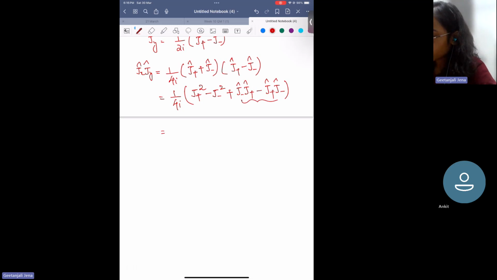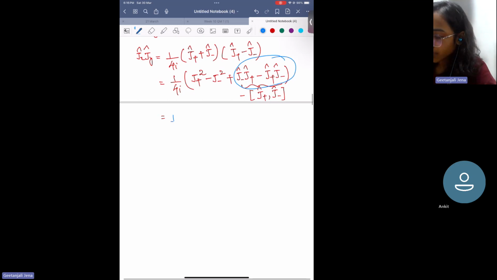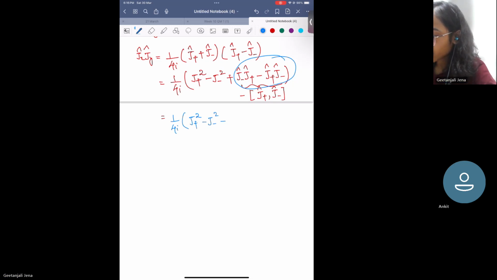And this is nothing but the minus of the commutation relation of J plus with J minus. So the final one would be J plus squared minus J minus squared minus the commutator of J plus with J minus.